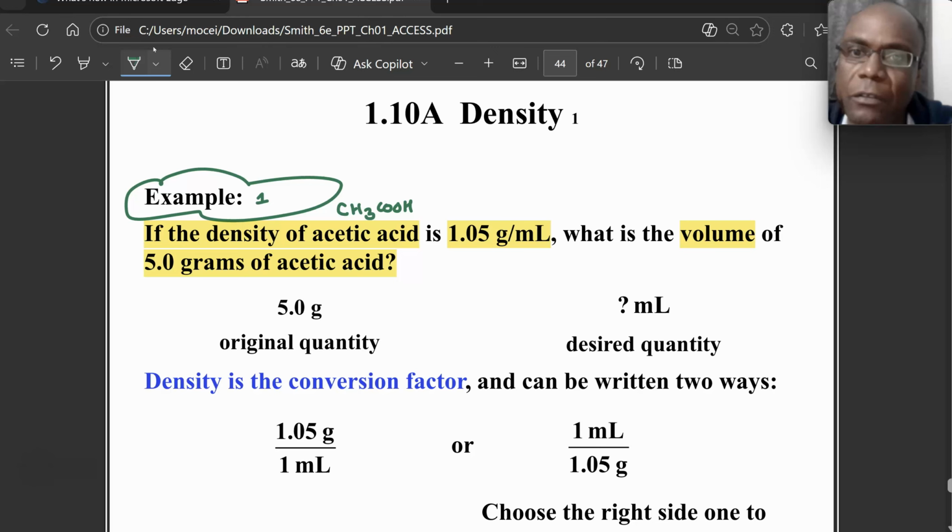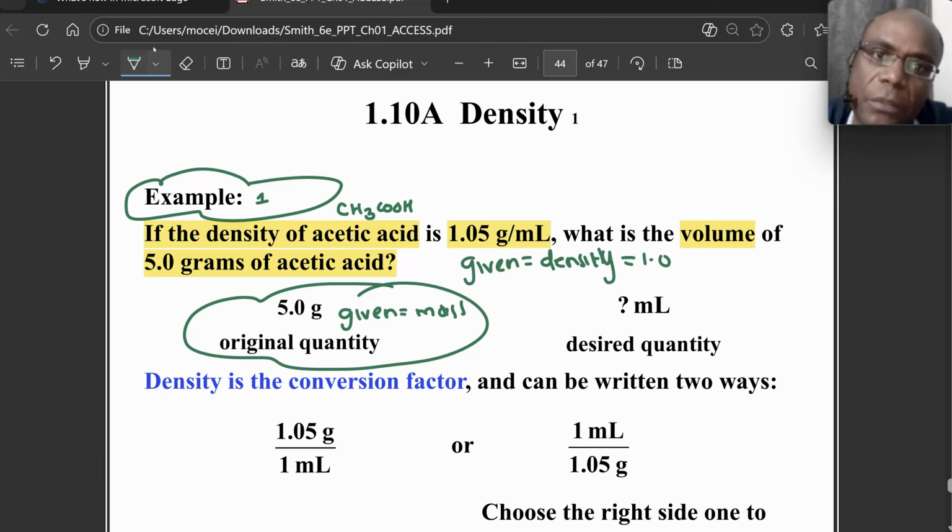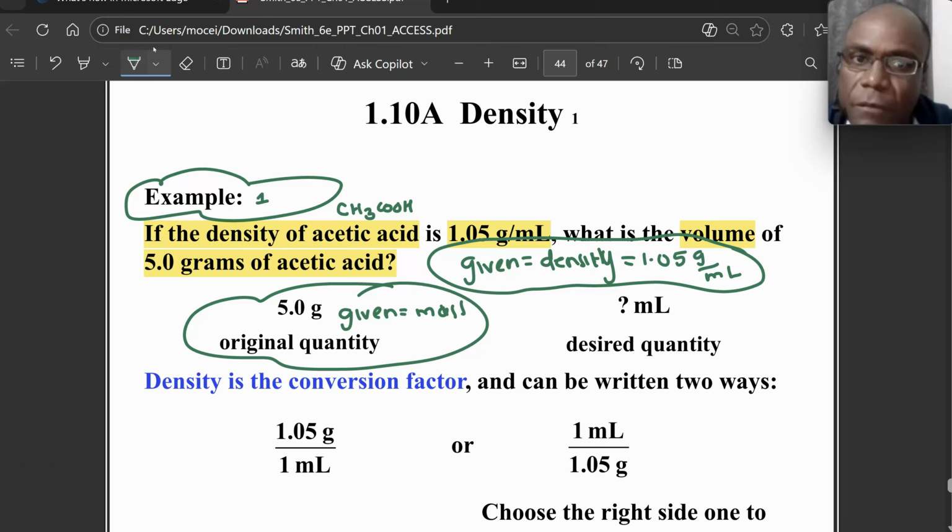This is why I always tell you, you always want to list things that are given. So we are given the mass, and the other thing we are given is the density. The density that's given is 1.05 grams per ml. These two things are given. Okay, we need the volume.